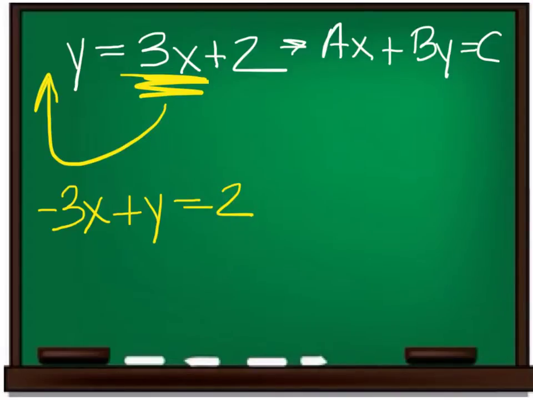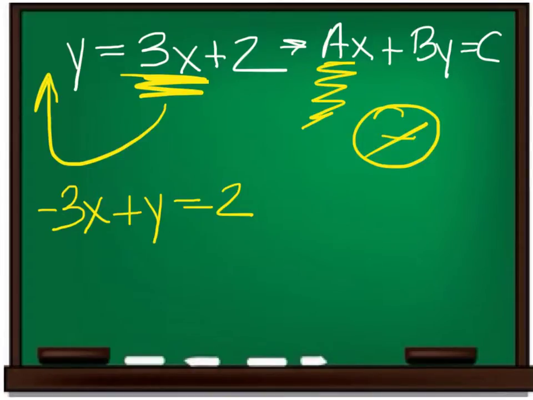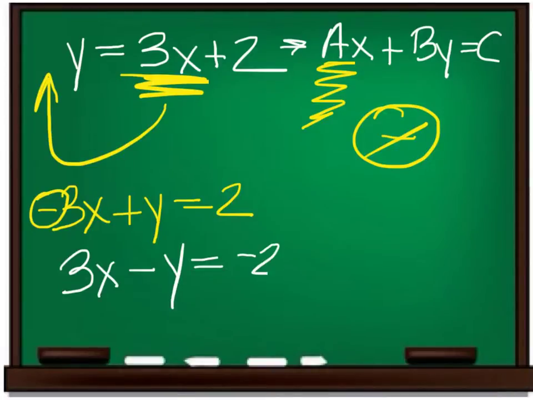But remember the rule that we had about no negatives on the a term. You can have a negative anywhere else, but you can't have it on the a term, which is this. If you end up with a negative sign there, change the sign of everything all the way through. So now you have 3x minus y equals a negative 2.